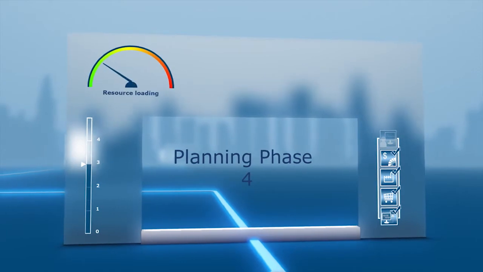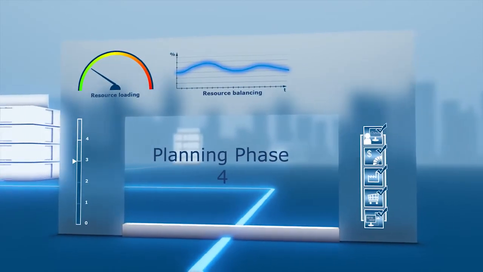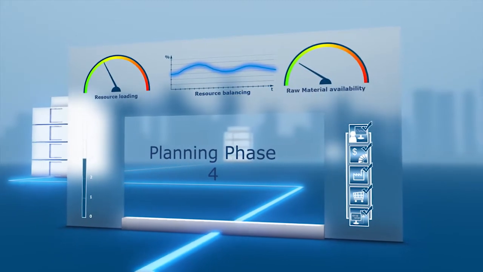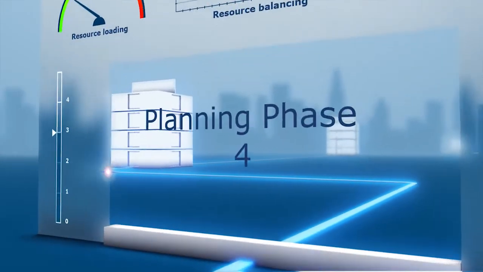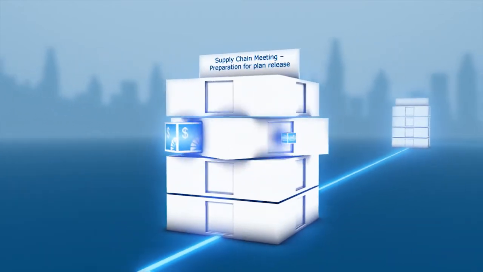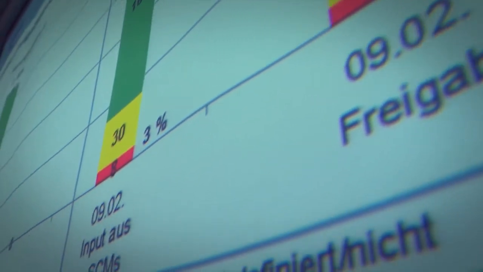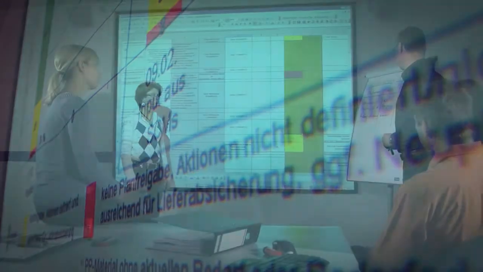In phase 4, the production plan is released. In the supply chain meetings for the individual engine programs, the production plan is prepared for release.